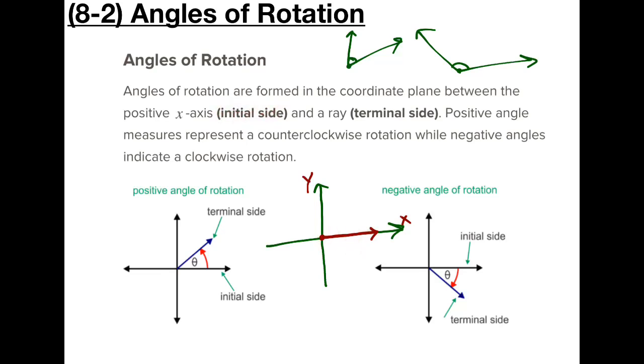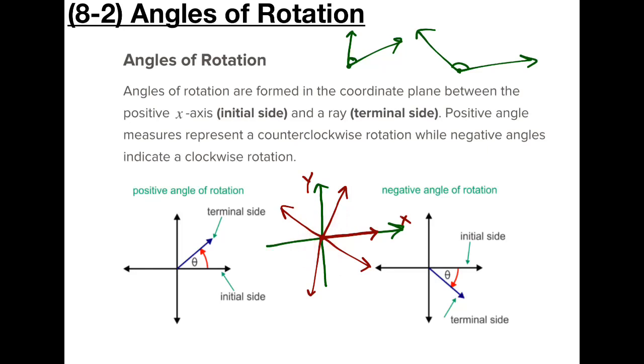And the other ray of the angle could be anywhere. So it could be in any quadrant of this coordinate plane. It could be in the first quadrant, the second quadrant, the third quadrant, or the fourth quadrant. So the second ray, which we call the terminal side, the term over here, could be in any quadrant of my coordinate plane.